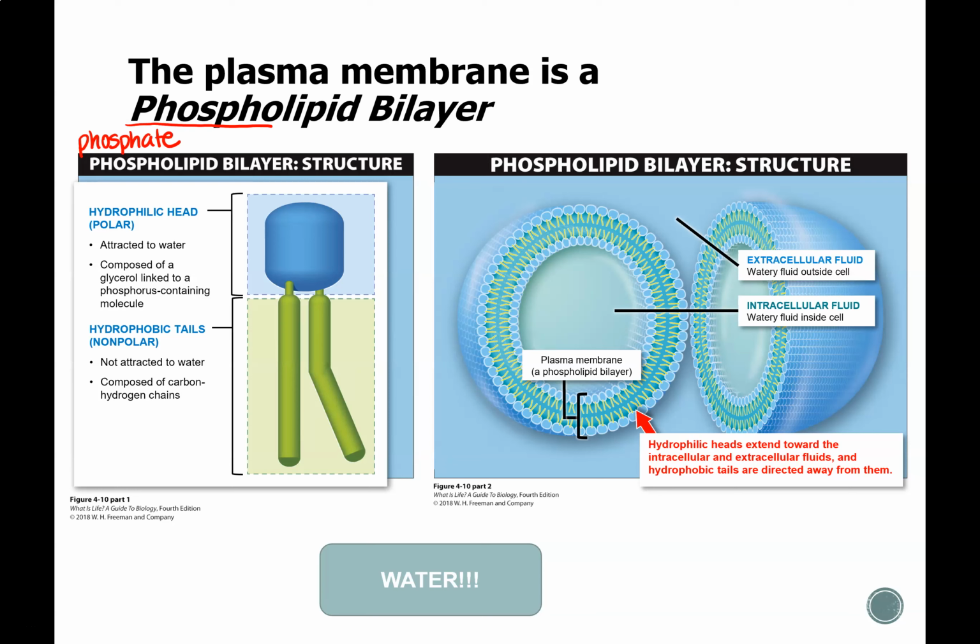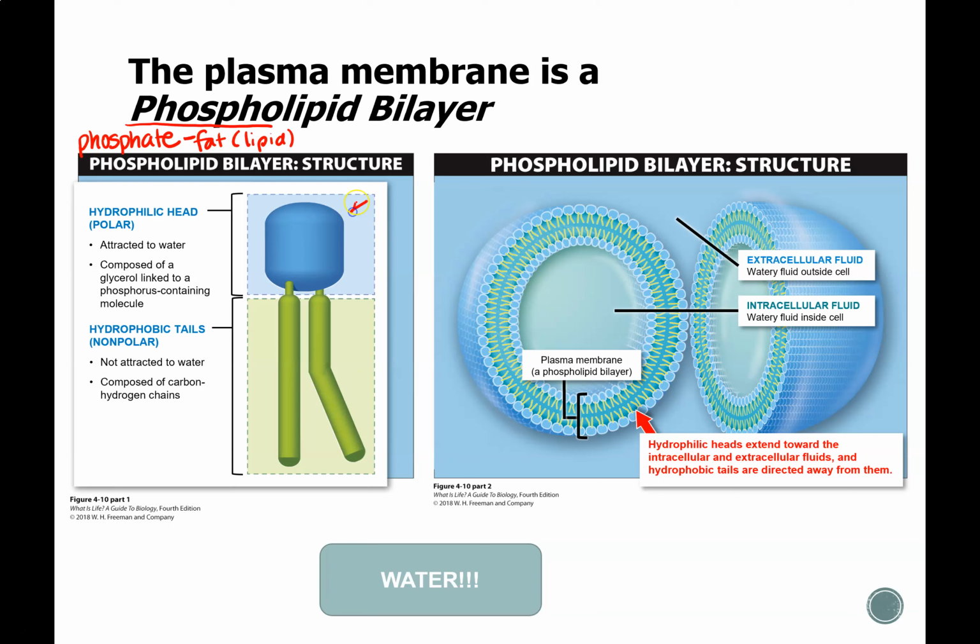But the chemical makeup of all of our cells is really important, and it is likewise important in our phospholipid bilayer. So the phospholipid bilayer is made up of a phosphate group bound to a fat or lipid group.